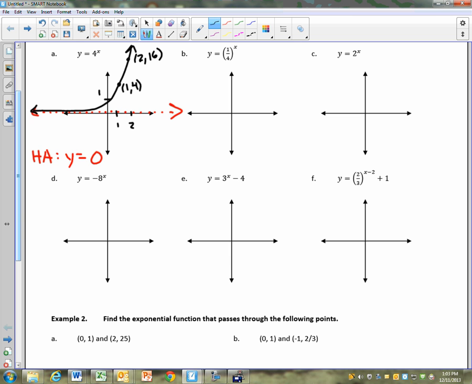How is the next graph different? Yeah, it's a fraction, so it starts up and finishes down like that. So we're still going to have the same horizontal asymptote. The horizontal asymptote is y equals 0. That's what I've got.